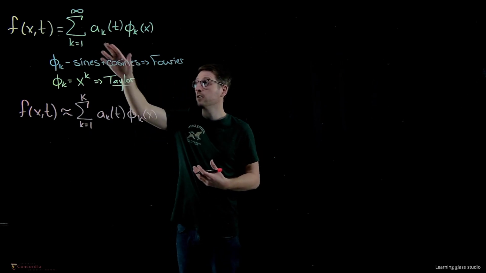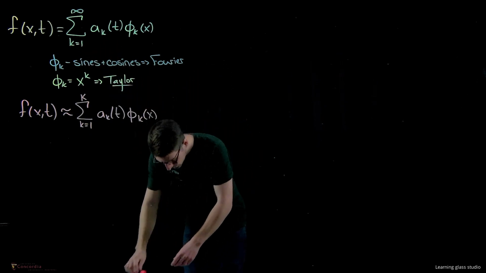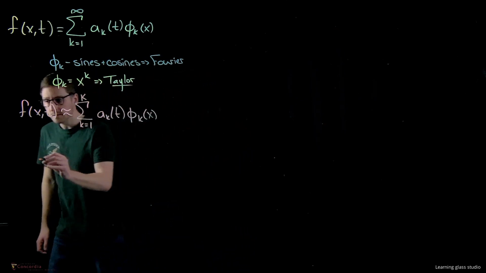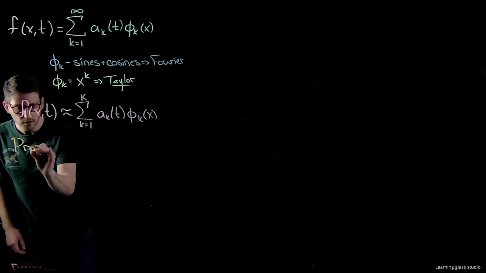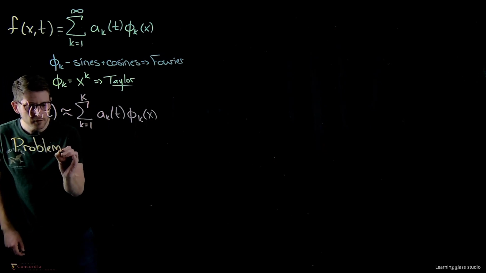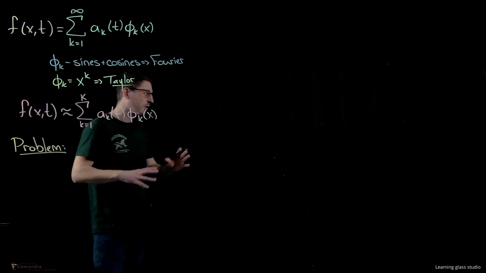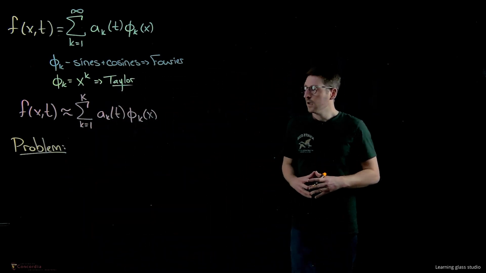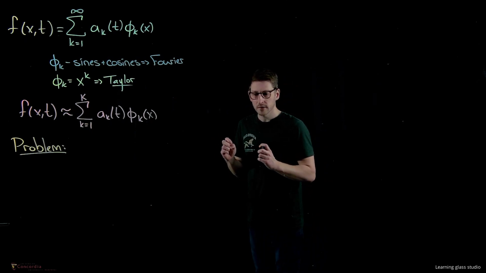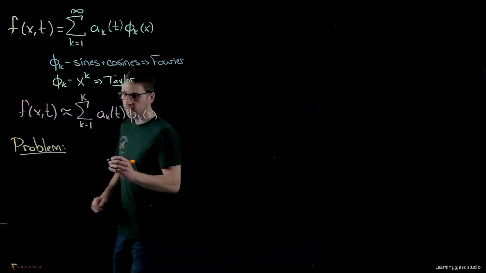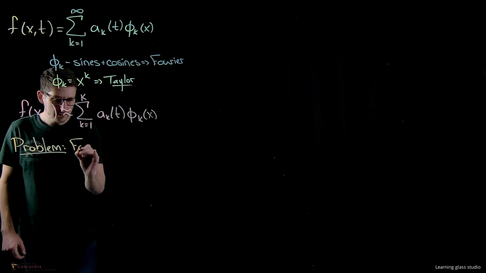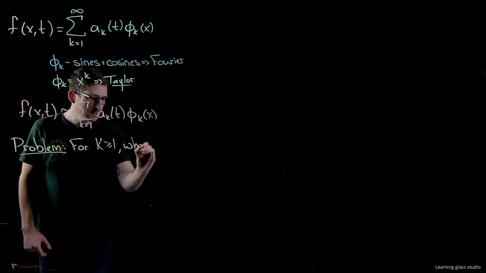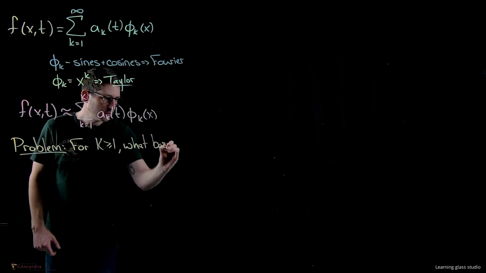Fourier, for example, if we know certain smoothness properties of the function. But here's the problem that has puzzled people for a very long time, primarily in approximation theory or harmonic analysis, depending on which side you're coming from. The problem is that if I fix k, so for k fixed, what basis, right?